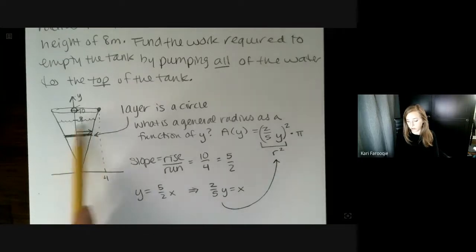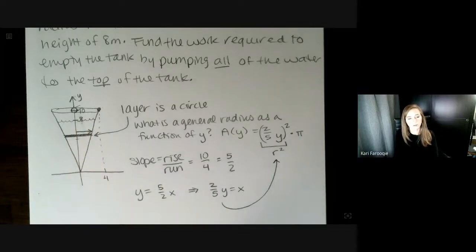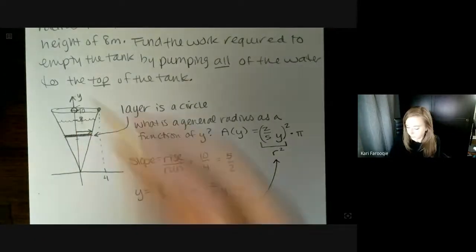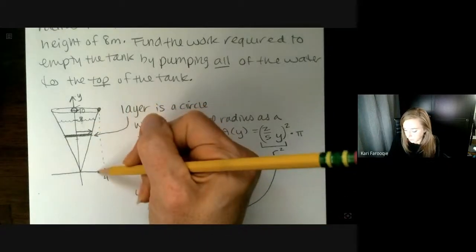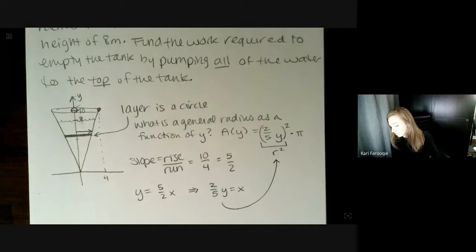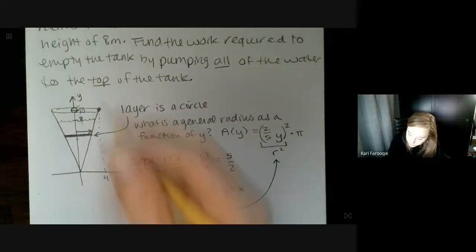So if y is 8, that will give you your radius value at x. If you're looking for the radius at 8, we'll just multiply it by 2/5 and get 16/5 as the radius down here, which is a little bit more than 3. 16/5, yes. Okay, so again, that makes sense.